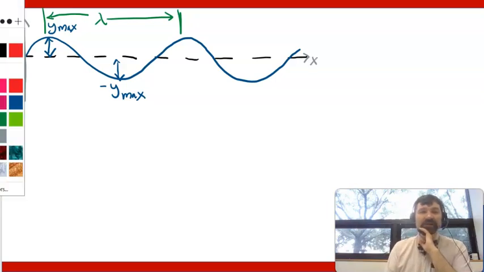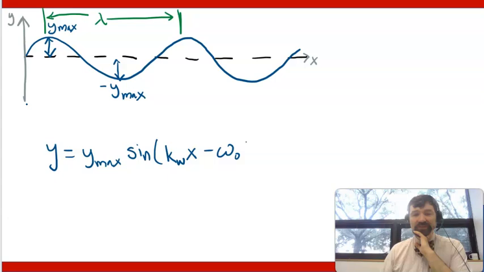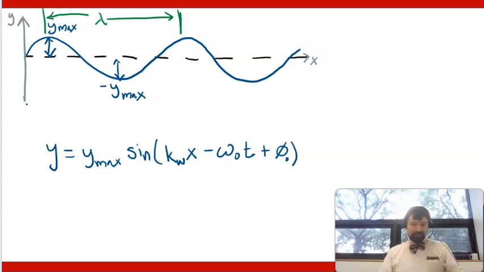And so this sine wave is described as y equals y max times the sine of the wave number k_W times x minus the angular frequency omega naught times time, and there may be some additional phase offset. I could rewrite this part of the equation in terms of wavelength and period instead.